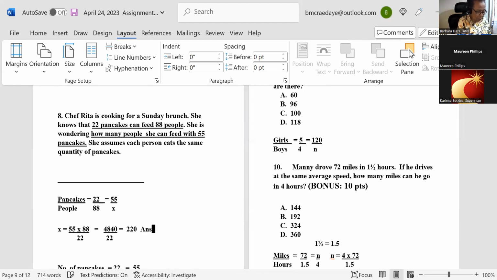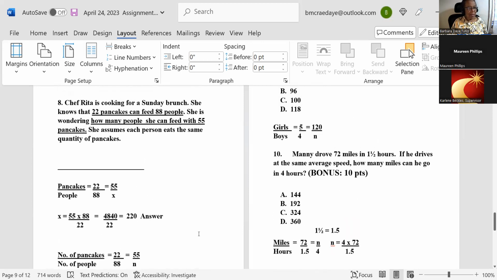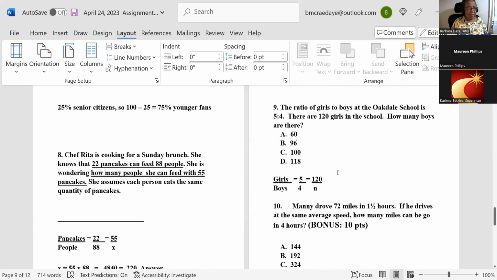That's the answer. So Chef Rita can feed 220 people with 55 pancakes. All right, very good. That's the answer. Okay, that was number 8.